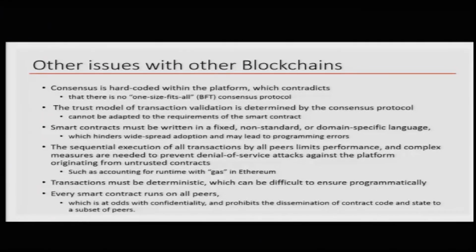So, we say that the consensus mechanism in these blockchains is hard coded, you cannot change it without creating forks. In Hyperledger and more recent blockchains, they have extracted out the consensus mechanism, so that depending on your need, you can change the consensus mechanism.